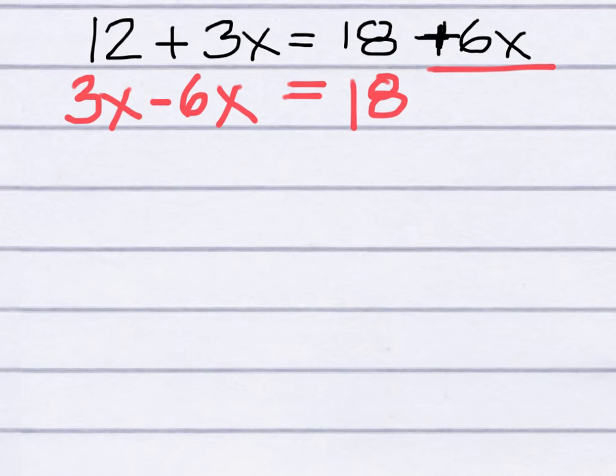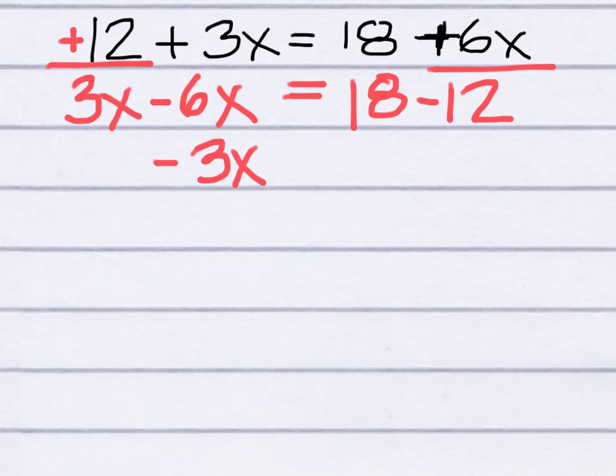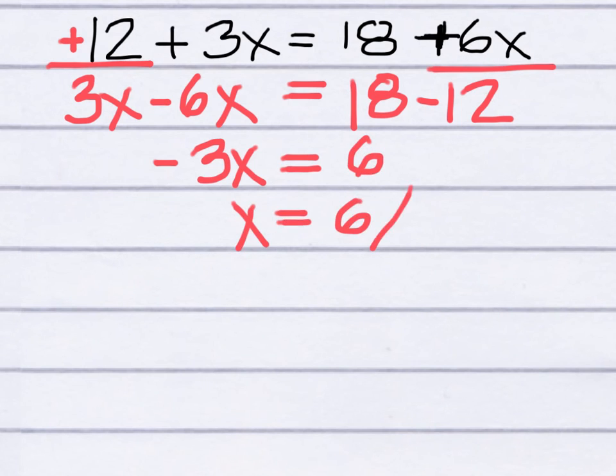On the left, you have a plus 12. Move that to the right, make it minus 12. 3x minus 6x is negative 3x. 18 minus 12 is 6. 6 divided by negative 3 is negative 2.